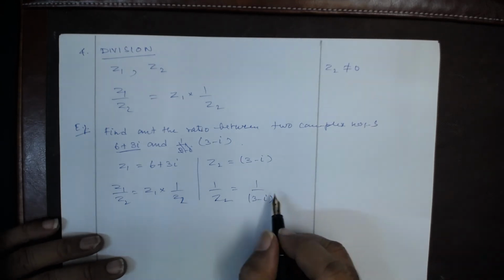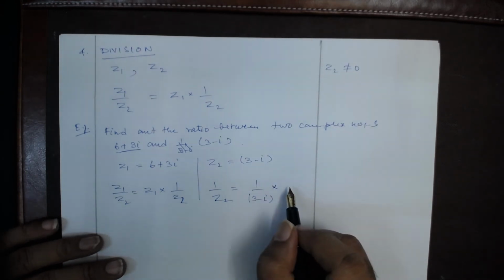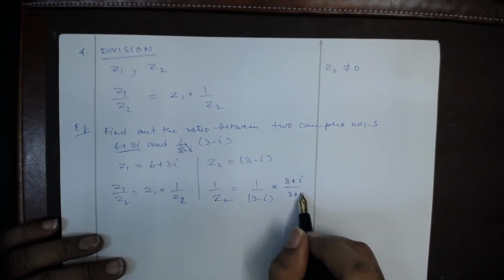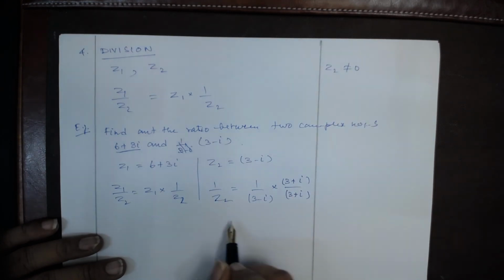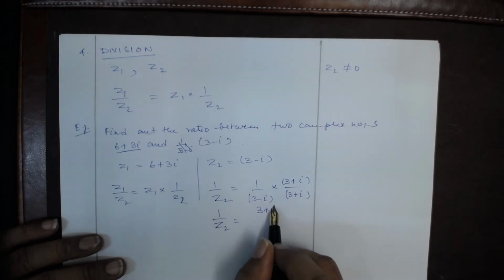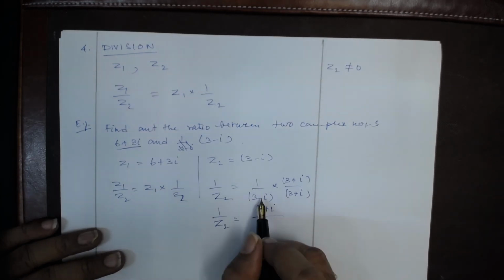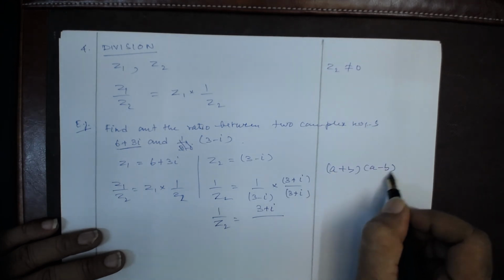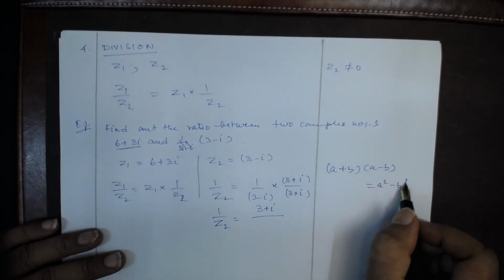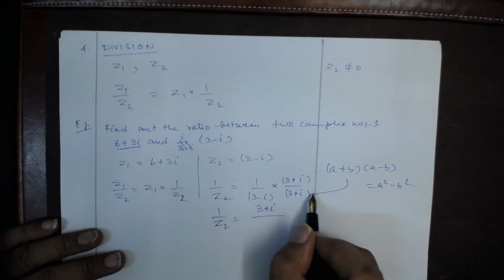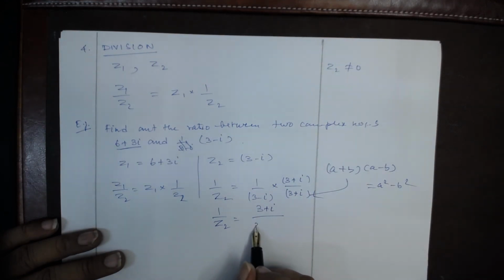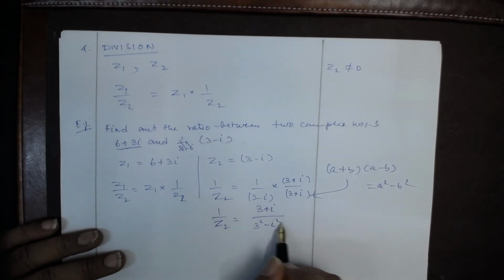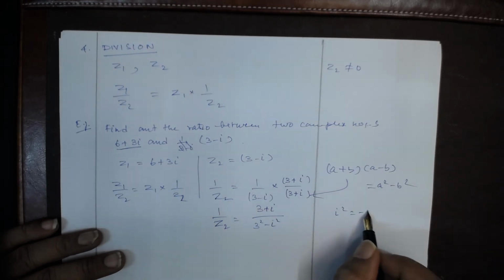Now, this can be rationalized like this. We can multiply and divide by 3 plus i. So 1 by z2 will be 3 plus i divided by, and you can apply the a plus b into a minus b formula. That is equal to a squared minus b squared in this case. Therefore 3 squared minus i squared. You know i squared is nothing but minus 1.